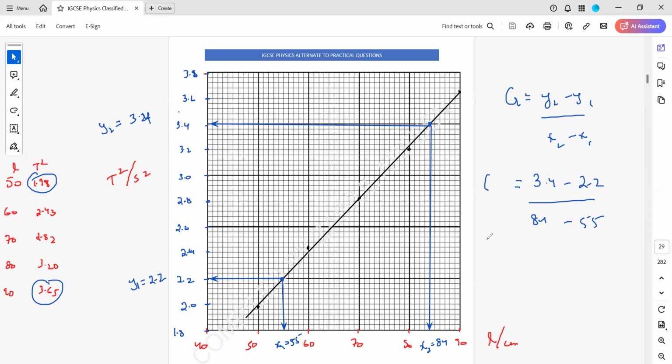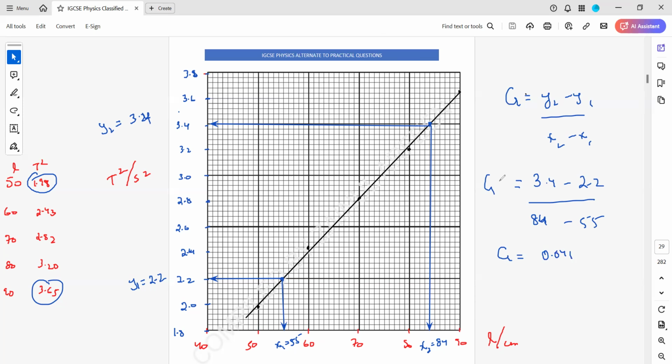What's the final answer for the gradient? 3.4 minus 2.2 is 1.2, divided by 84 minus 55. That gives 0.041.